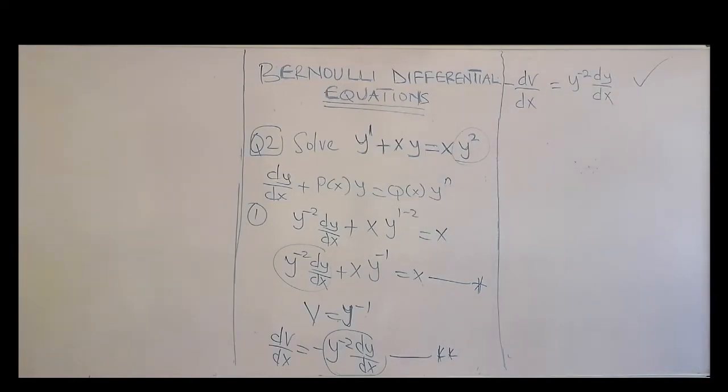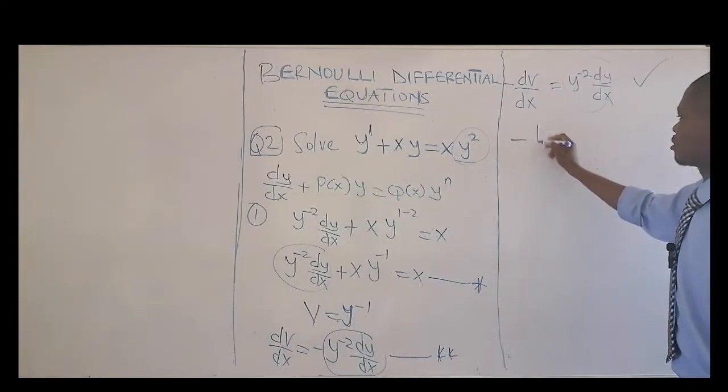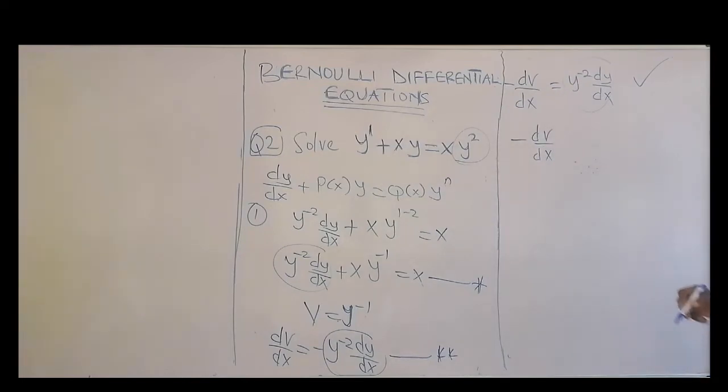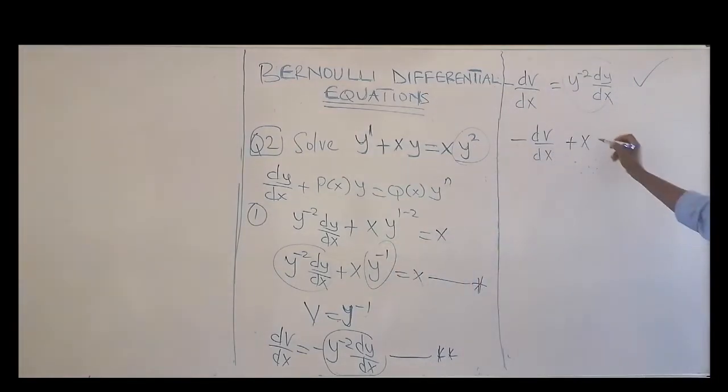Please note that. So anywhere I see this now, I'm going to place minus dv/dx in that place. The equation now becomes minus dv/dx plus x, and don't forget this one is v now, equal to this.